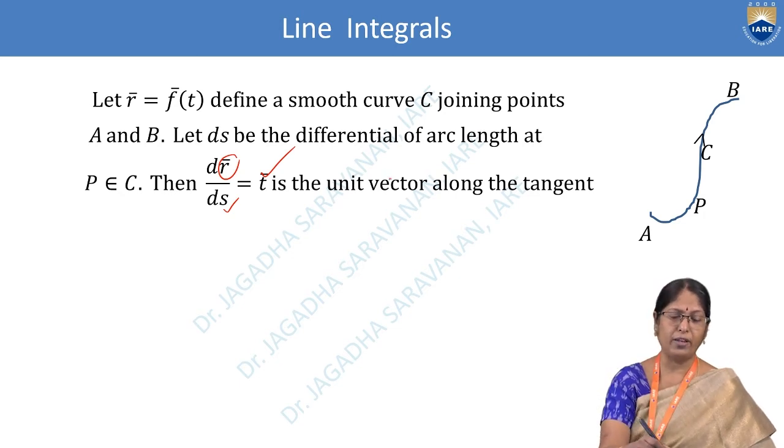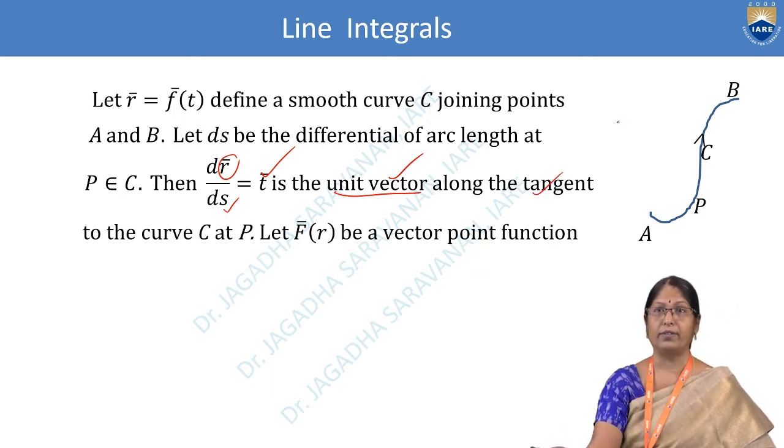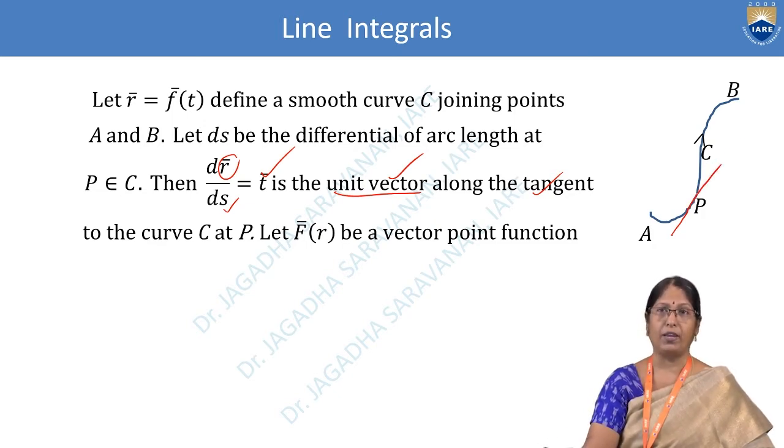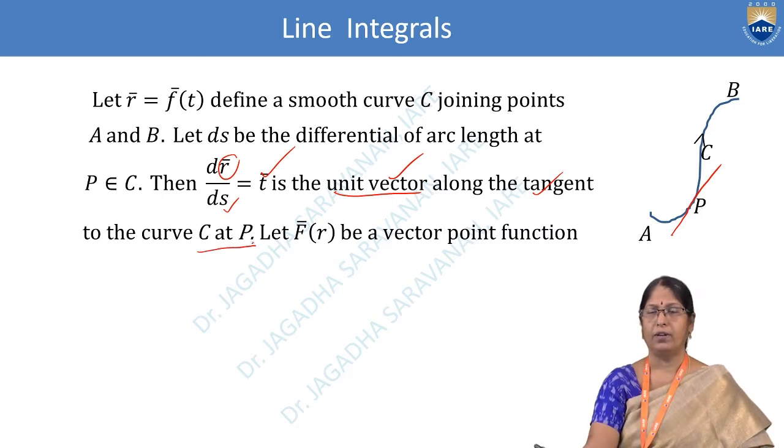It is a unit vector, that is, its magnitude is 1 along the tangent. Here the tangent touches the curve C at the point P.